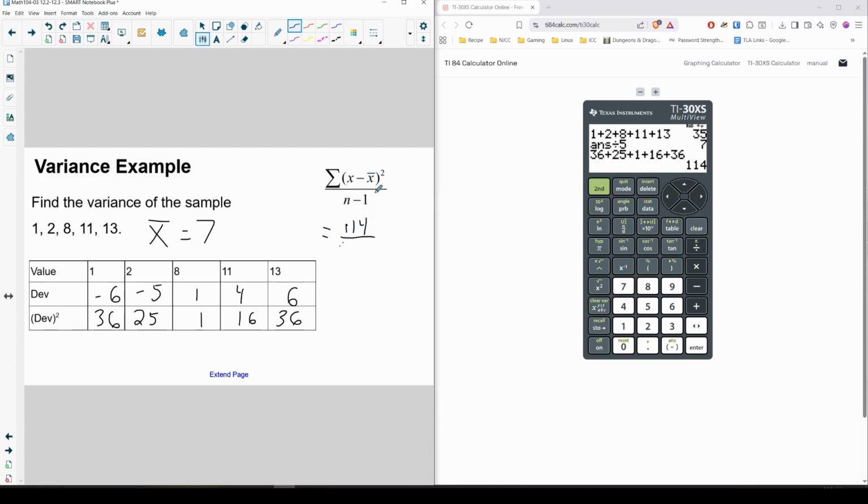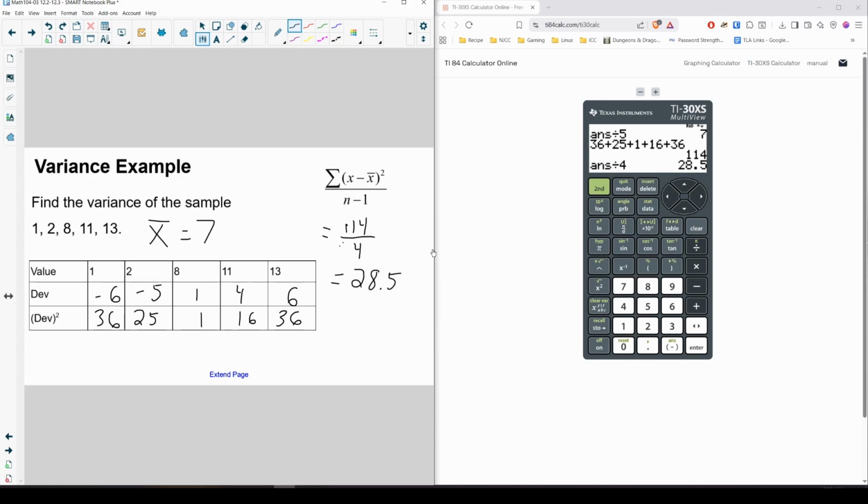And we'll divide that by the number of elements minus 1. We had 1, 2, 3, 4, 5 elements, so we'll divide by 4, which will give us a total of... So our variance for this set would be 28.5.